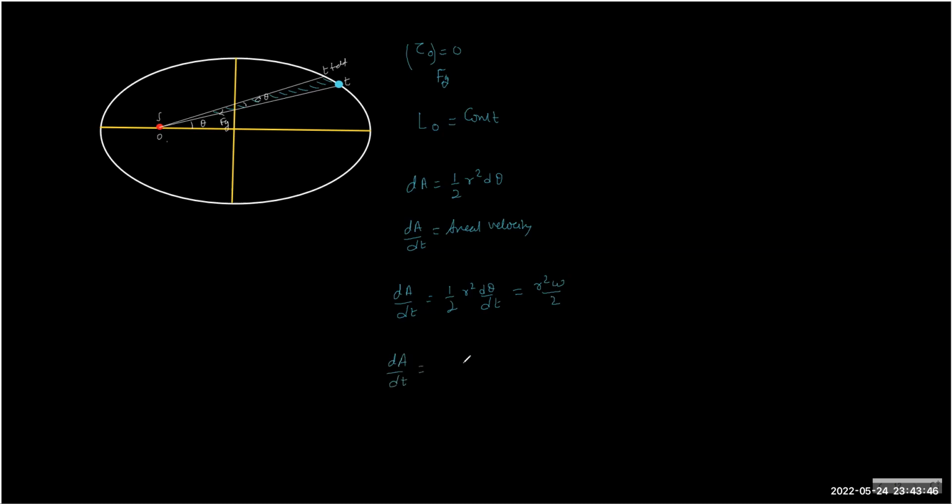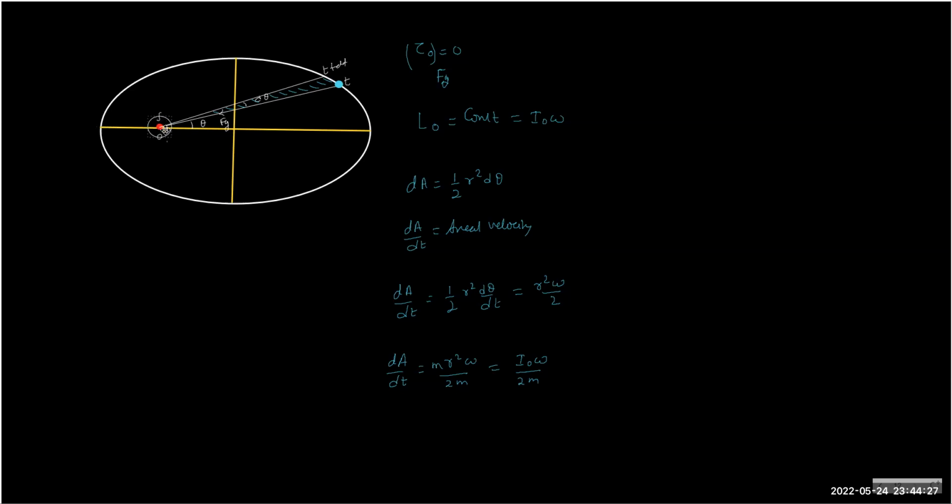So if I multiply by mass and divide by mass, the m r square will behave as the moment of inertia about the axis passing through the center, passing through the sun. So this is like I_O omega. Understood? Yes, sir. And angular momentum about O is itself at that instant I omega, where I is the moment of inertia about the axis which is normal to the plane, like a perpendicular axis. Understood? Yes, sir.